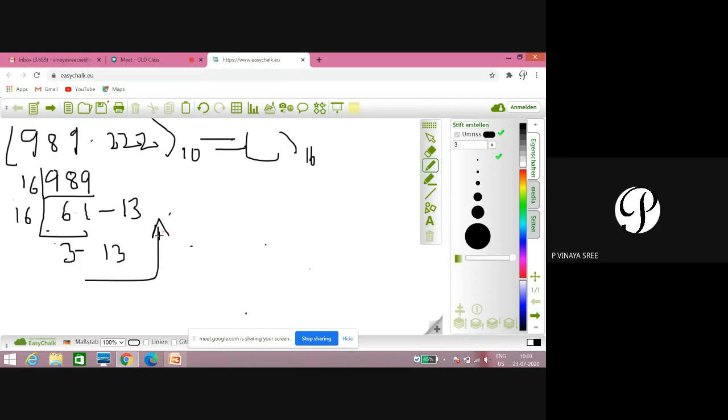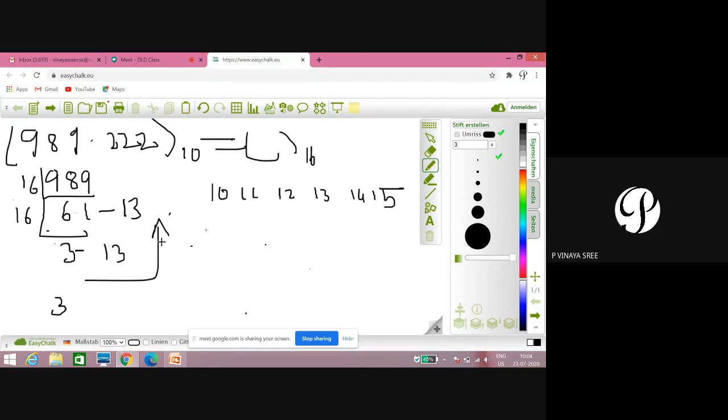The procedure is the same. If you know one, you can easily do the other problems. So it is 3, and let me write 10, 11, 12, 13, 14, and 15.